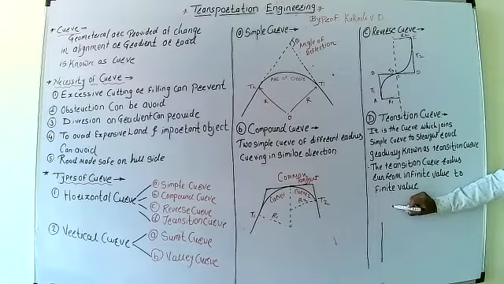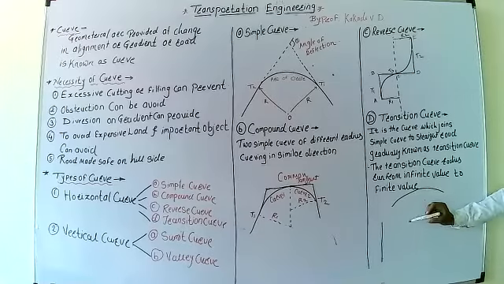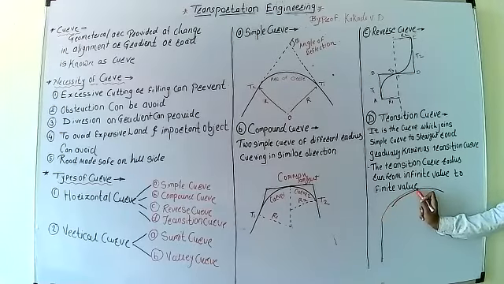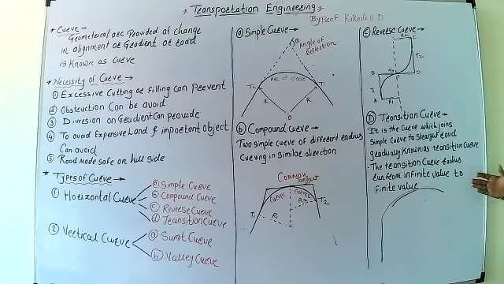So this is the straight line and the curve starts from here. The very high radius curve, that red line, is known as a transition curve. So the transition curve is the curve between the simple curve and the straight road.